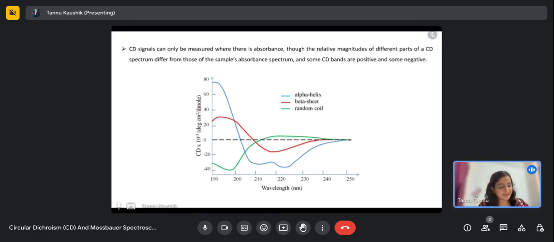So now, firstly, we will look into what kind of spectra we get in a circular dichroism instrument, CD spectroscopy.